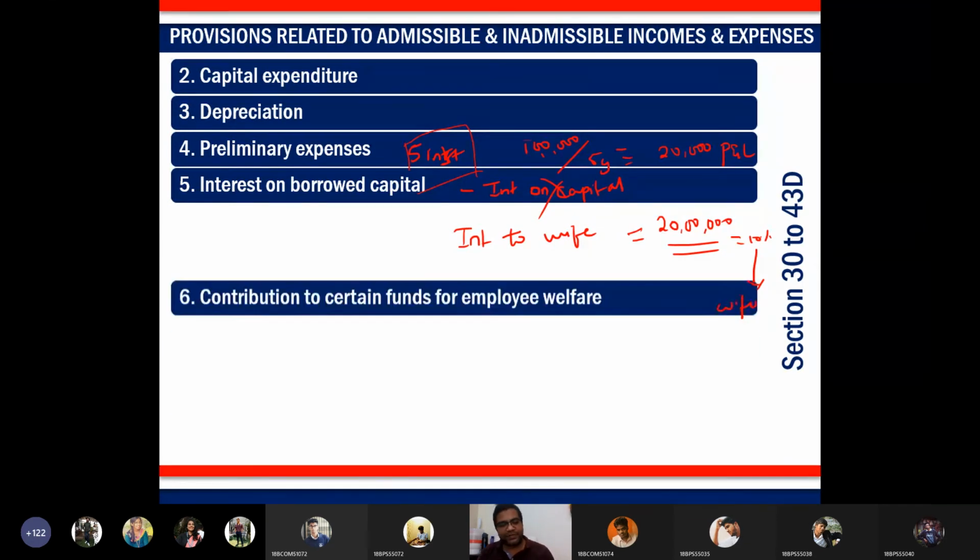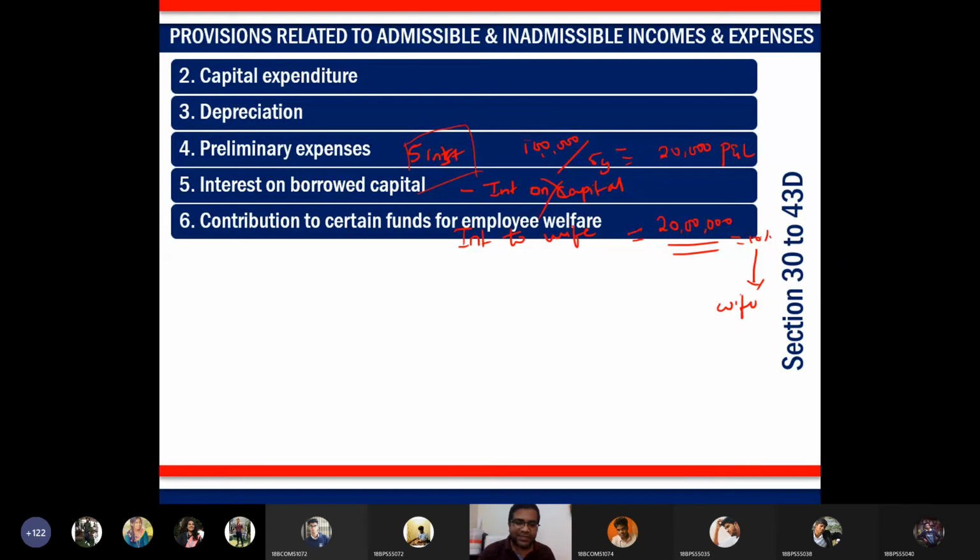We will conclude today's class with point number 6: contribution to certain funds for employee welfare. Now, employees are part of business and they're a very important resource, whether it's a small shop or a company as big as Apple.